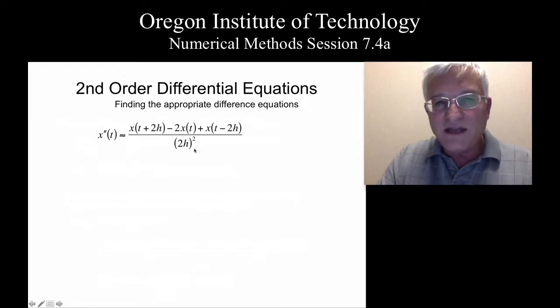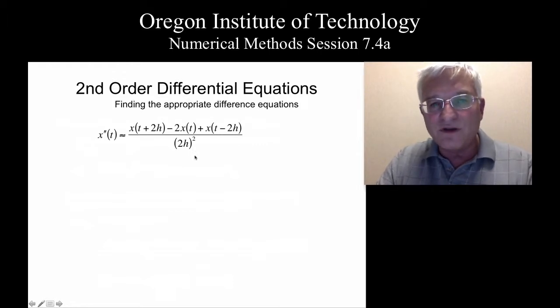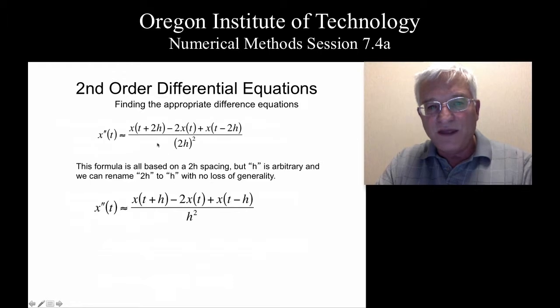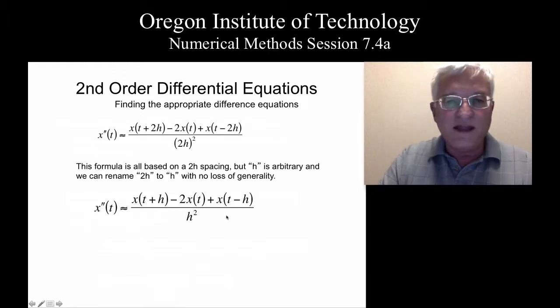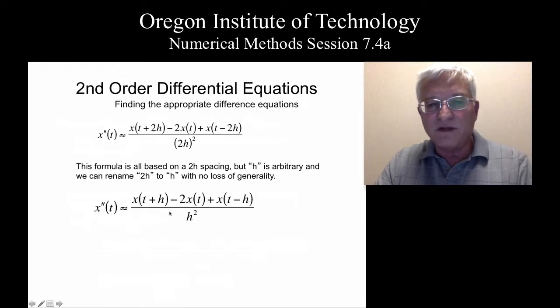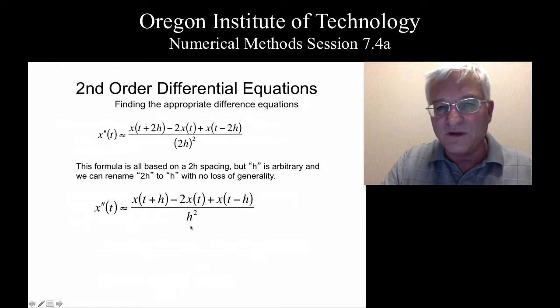Now I like h and I want to keep my h, so we're just going to use half-sized h's and plug in everywhere we see a 2h, we're going to just plug in an h instead. It doesn't make any difference. h is ours to choose, and so we can make this substitution, and now our formula gets even simpler yet. This is now our computational formula for a second derivative.